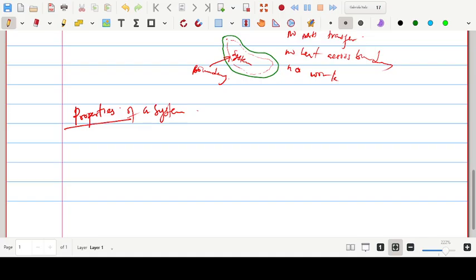Let us assume that we want to move from here to here, from point 1 to point 2. This is point 1, this is point 2. You understand now?